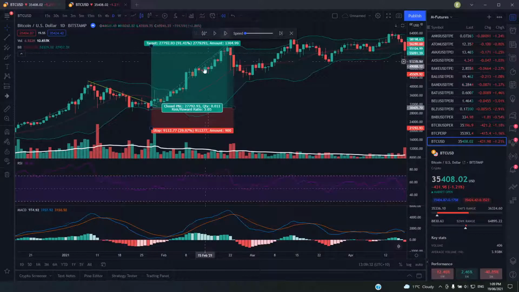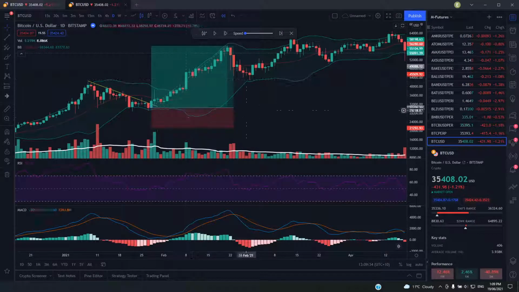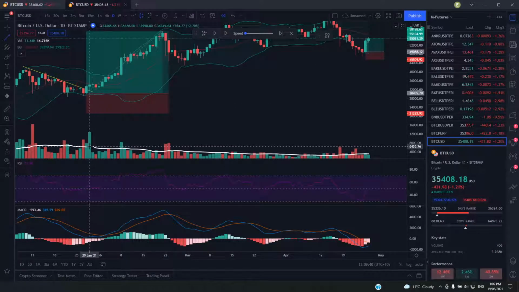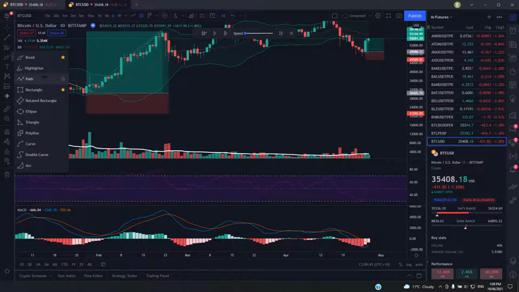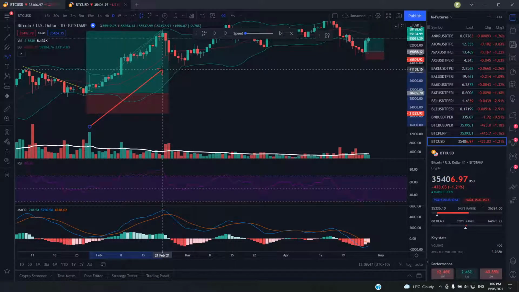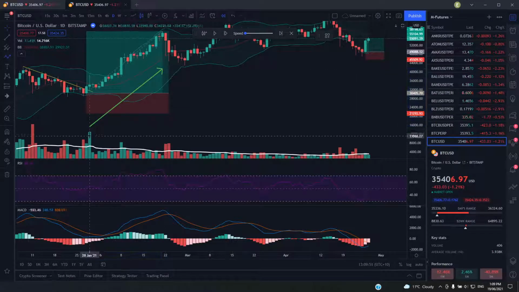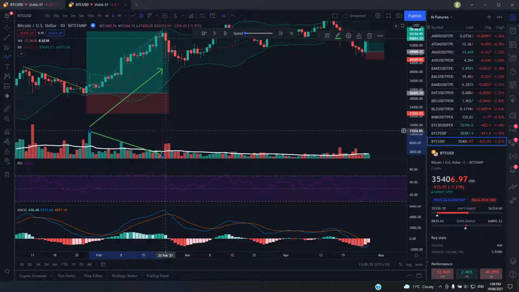Okay, so what can we see? I already see a discrepancy. What's volume doing as price is rising? Our volume, pretty easy to spot here, is decreasing.